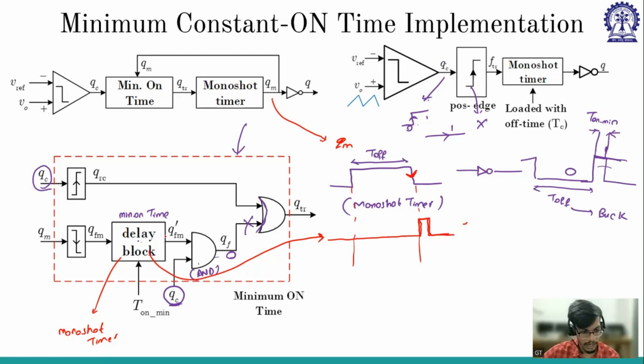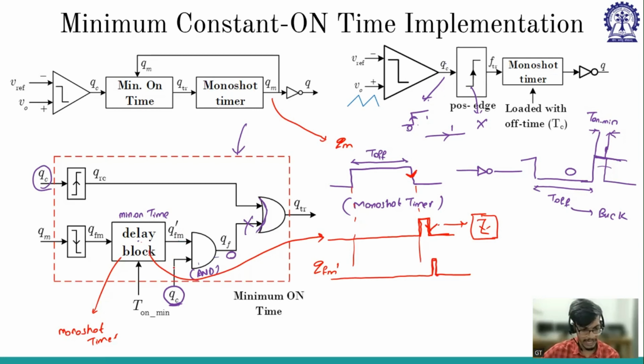And then again, this will have a falling edge detector. So again, we detect this falling edge, and when you detect this falling edge, you get a slight trigger, right? Now this is QFM dash. From this monoshot timer, the signal is passed through another falling edge detector, which detects the falling edge. This is QFM dash.